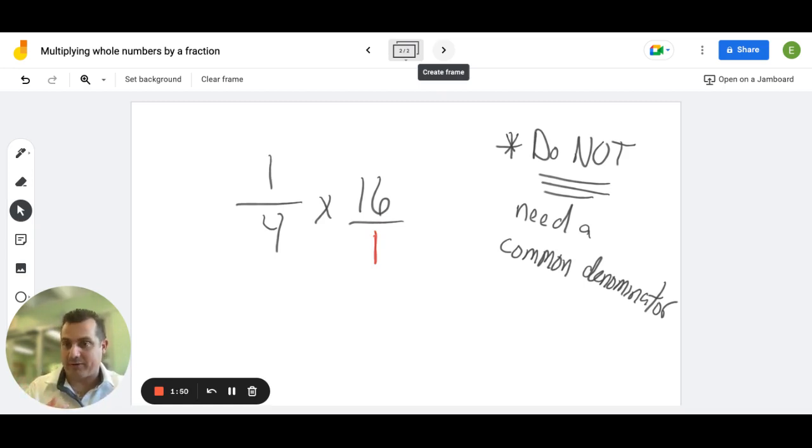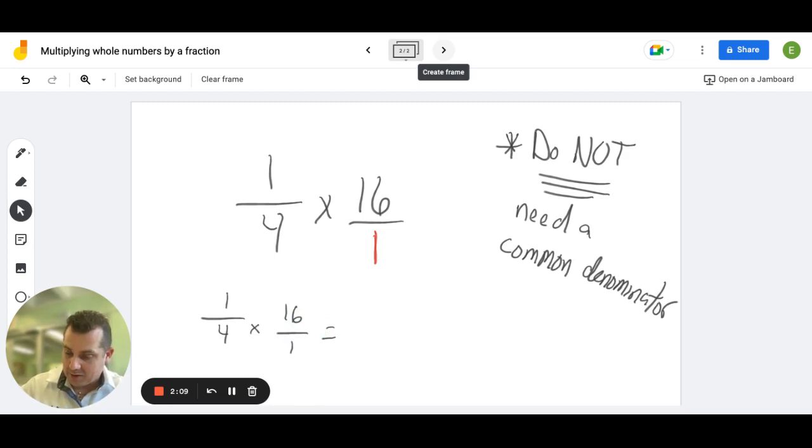16 ones is the same as just saying 16. So here, I'm just going to rewrite this because I think it's a little sloppy. So I'm going to go 1/4 times 16 over 1. All right?